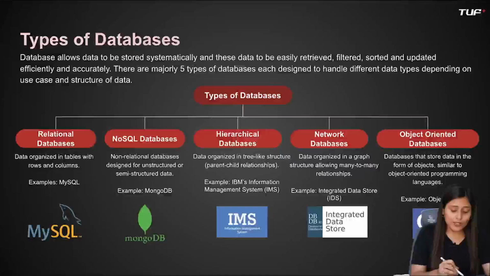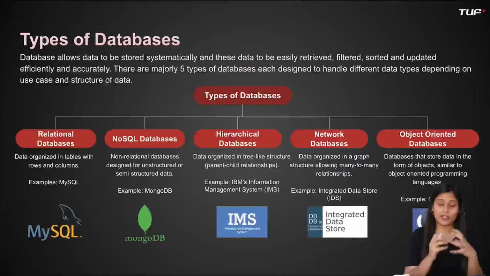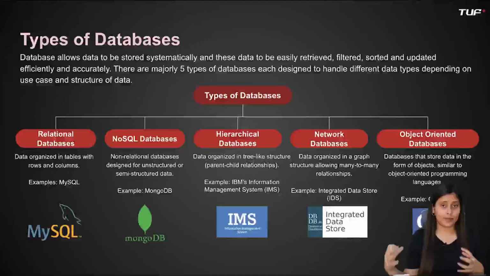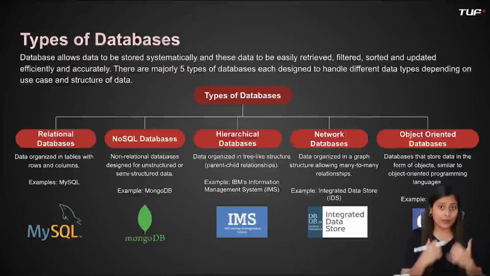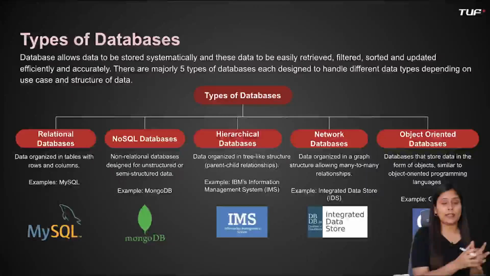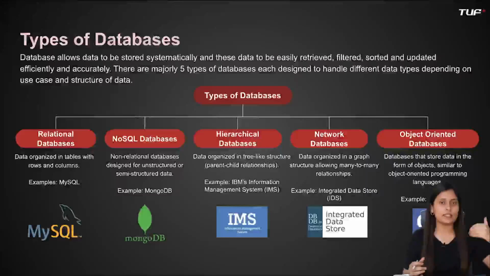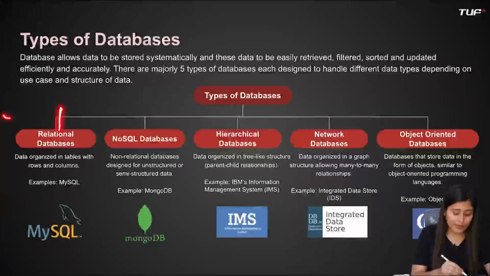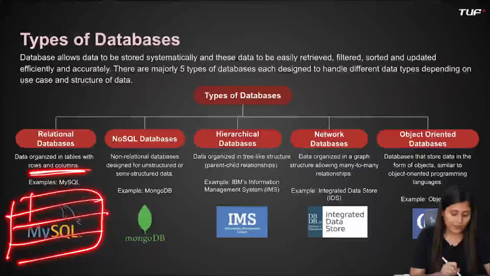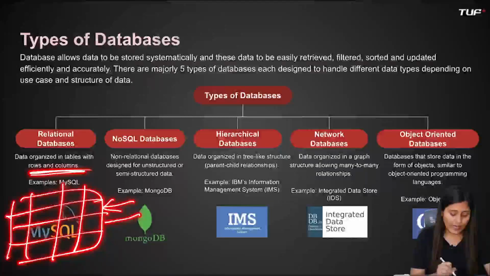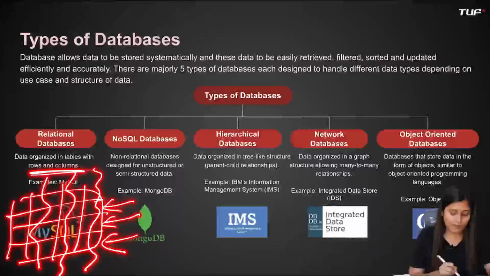Here we know on what basis we are differentiating these different types of database, basically on the basis of structure. The way we want to maintain the data in different structures, we have categorized these databases into those different types. Very first is relational database, where we are organizing the data in the form of rows and columns. This is how it will look like, and every row will have entries of data with the columns termed as parameters for it.